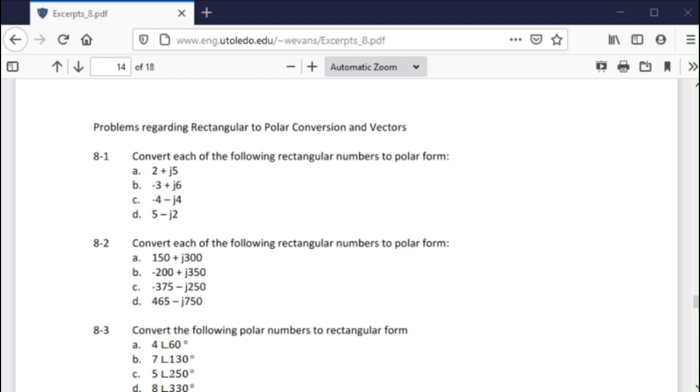Okay, so we're going to transfer over and look at the sketch pad now, and we're going to start with some of these early problems.